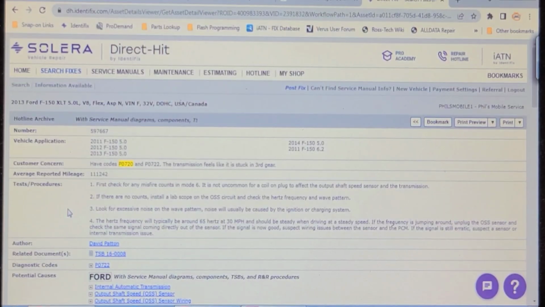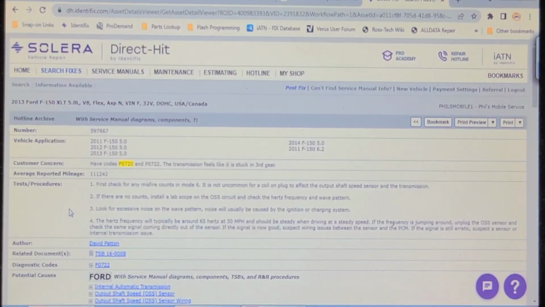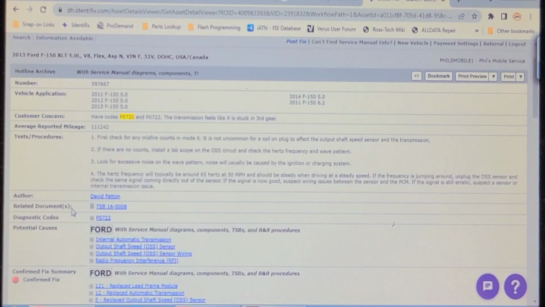The hertz frequency will typically be around 65 hertz at 30 miles per hour and should be steady when driving at a steady speed. If the frequency is jumping around, unplug the output shaft sensor. Well, that's not easy to do. And check the same signal coming in. If the signal is now good, suspect wiring issues between the sensor and the PCM. If the signal is still erratic, suspect a sensor or internal transmission issue. And then there's that TSB.